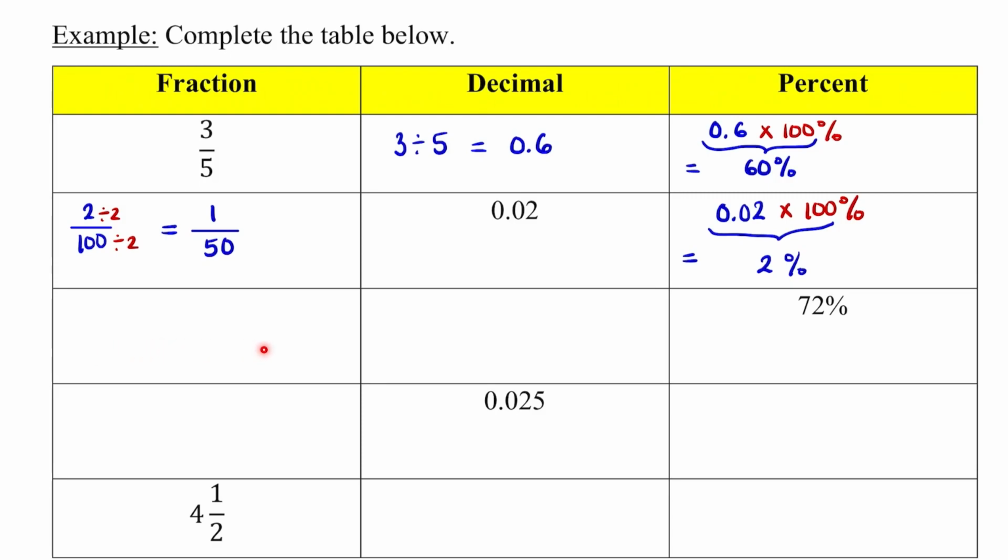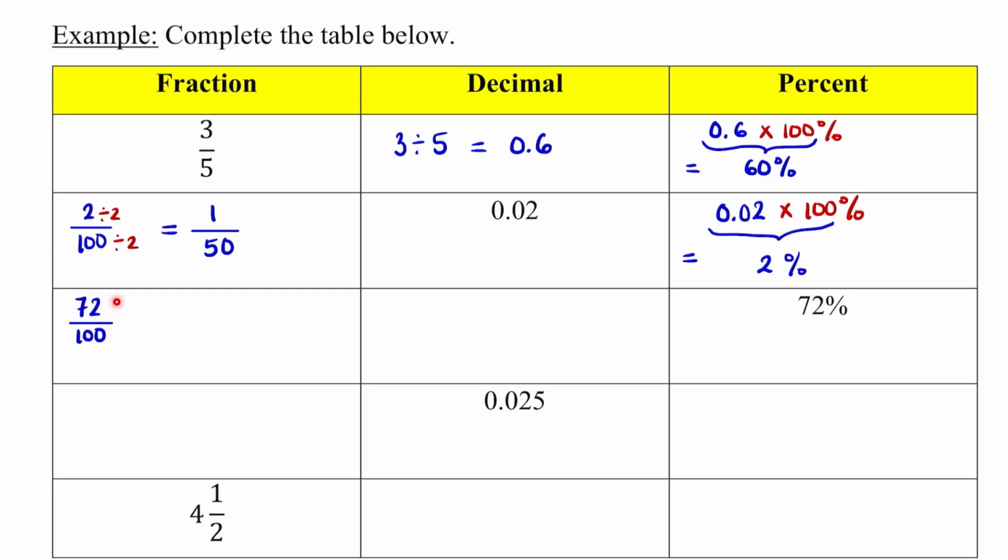Next row, I'm given 72%, and I want to write 72% as a decimal and also as a fraction. 72% is equivalent to 72 over 100. So I will rewrite 72% as a fraction first. 72 over 100. Next, I will need to simplify this fraction.